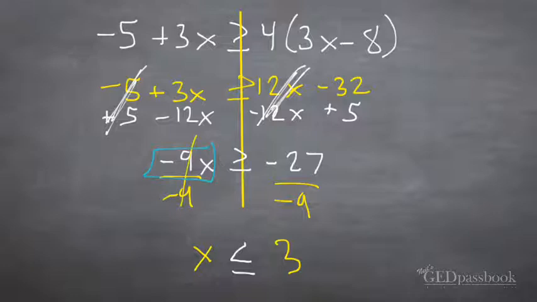It does not matter what your final number comes out to be. It only matters if you resorted to dividing a negative by itself. If it is a positive? If this 9 was a positive and you divided by a positive, then the inequality stays the same. Only when you divide by a negative is when you flip the sign.